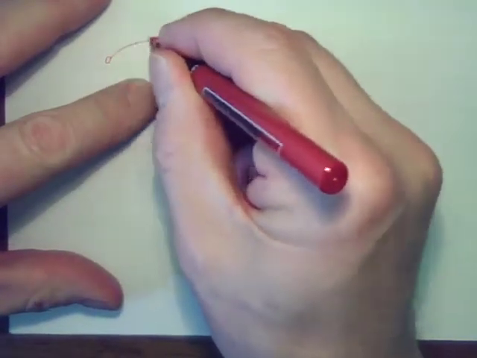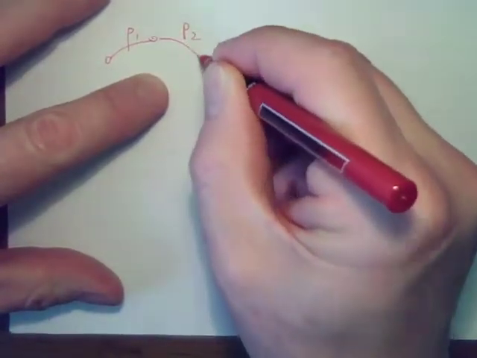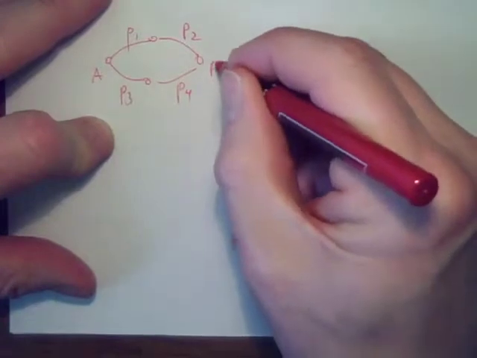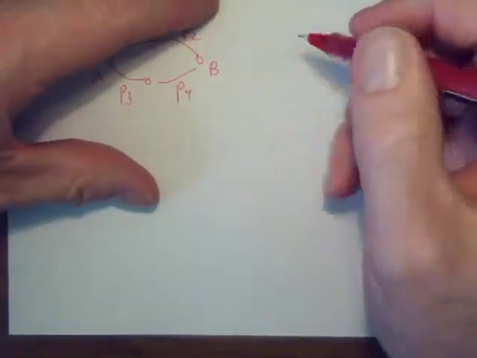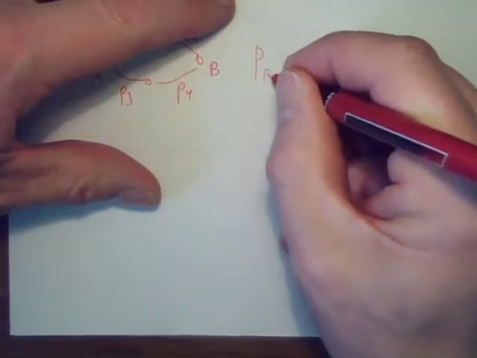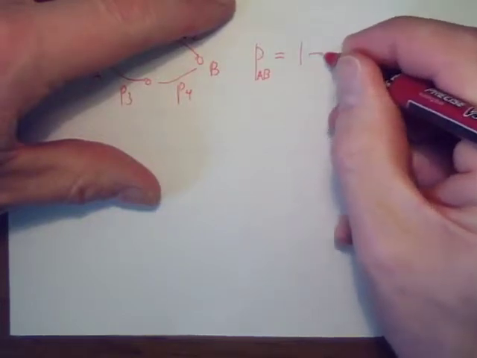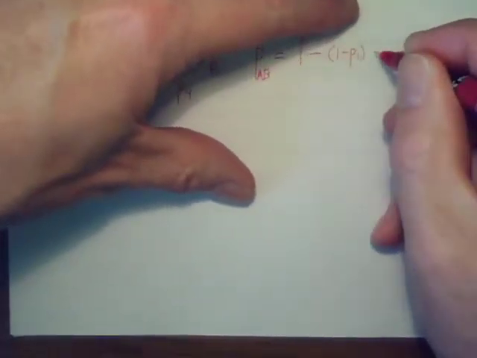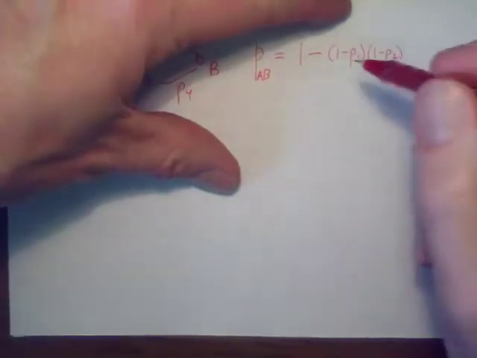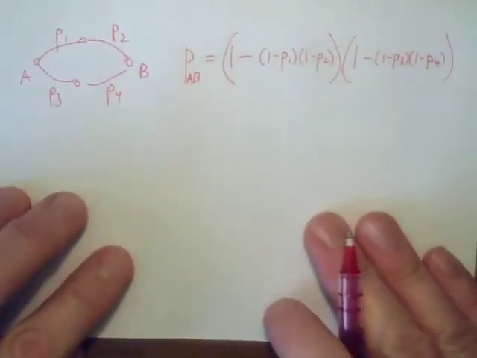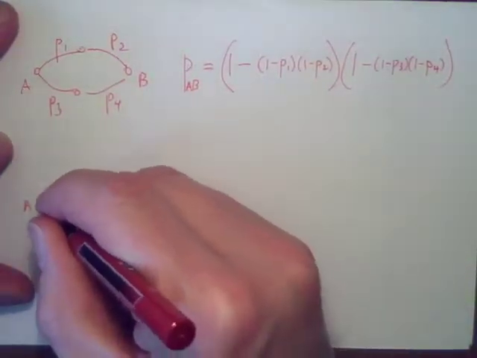If we had P1, P2, P3, and P4 from A to B, then we're going to have P block from A to B is 1 minus the quantity 1 minus P1 times 1 minus P2, multiplied by 1 minus the quantity 1 minus P3 times 1 minus P4. Okay? And, oops, sorry.